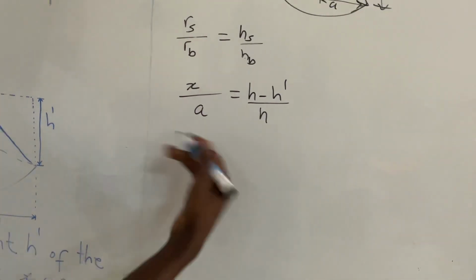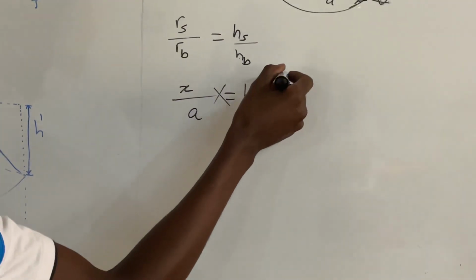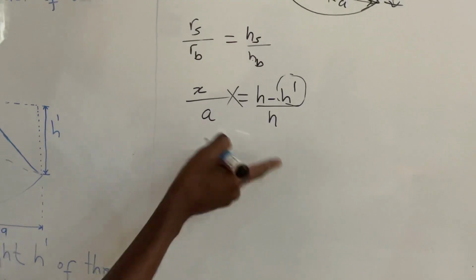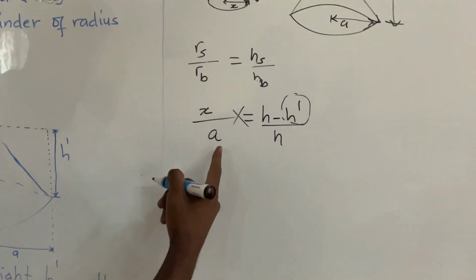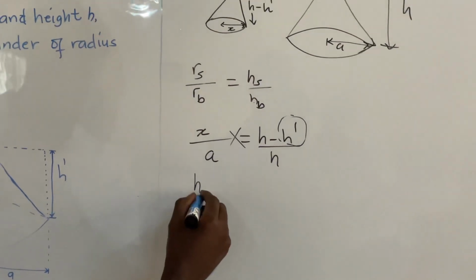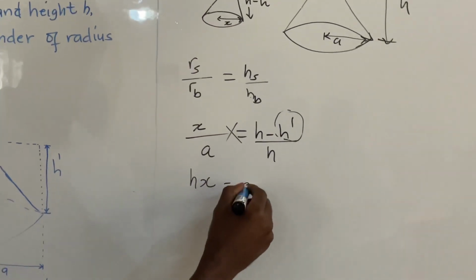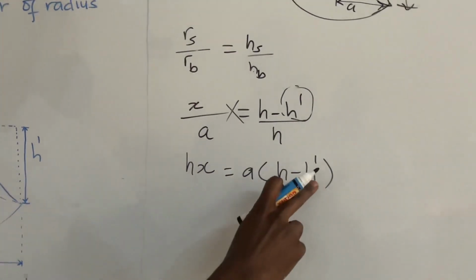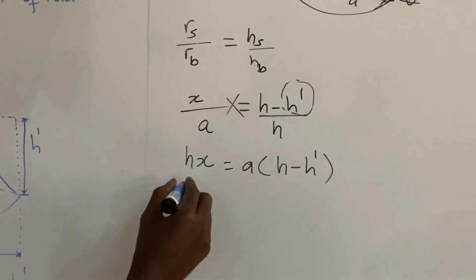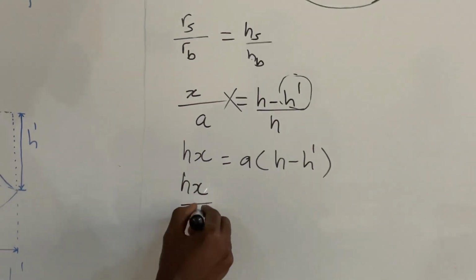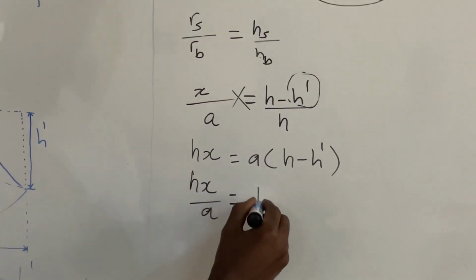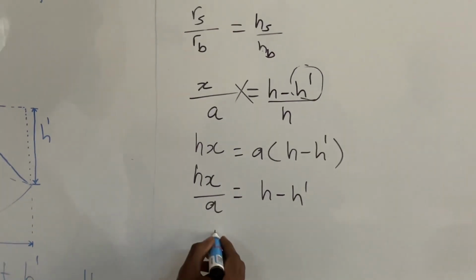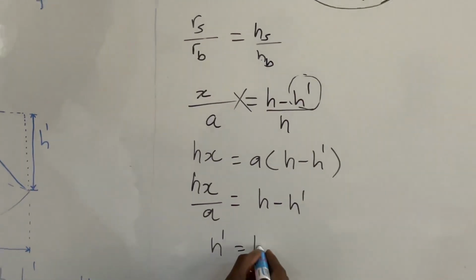Now when you cross multiply, remember it is h prime we want to make the subject. We shall have h times x being equal to a into h minus h prime. I want to make this the subject, so I can divide through by a. I have hx over a is equal to h minus h prime. When h prime crosses, it becomes positive. h stays.